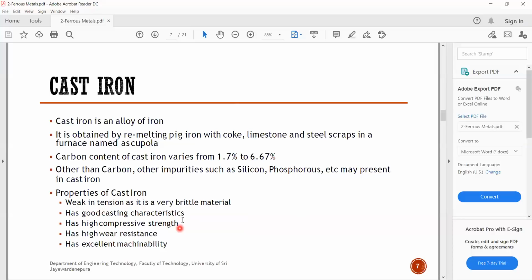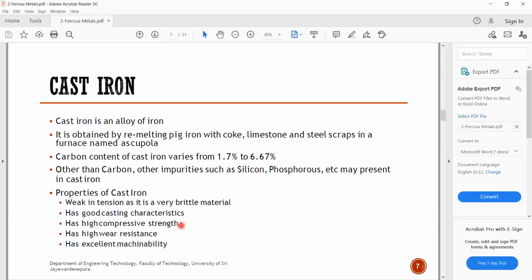It has good casting characteristics. That means another manufacturing process called the casting process can be used on cast iron. High compressive strength. High compressive strength means it resists being pushed together, right?